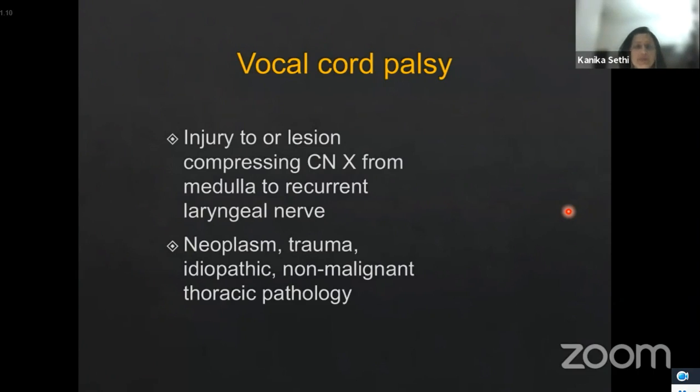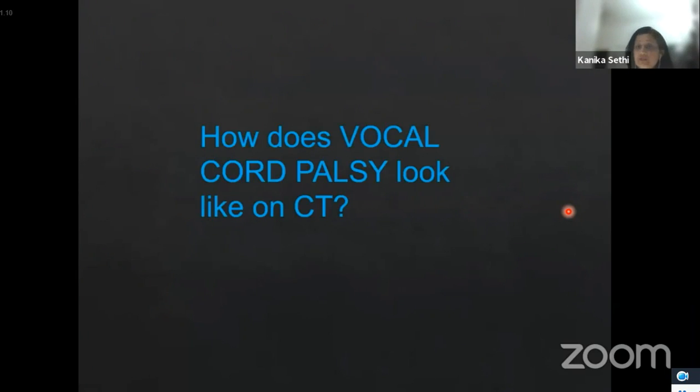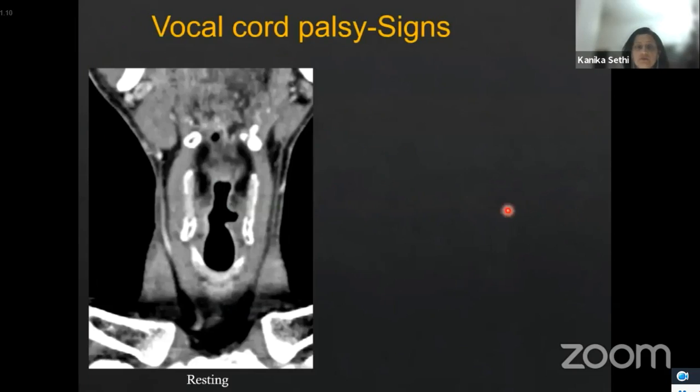Let's look at how you recognize vocal cord palsy on imaging, CT or MRI. How does it look? So this is a coronal section in normal breathing at the level of the larynx. We've seen the anatomy. So this is the paralaryngeal fat, the false vocal cord, then this is the laryngeal ventricle, and this is the true vocal cord.